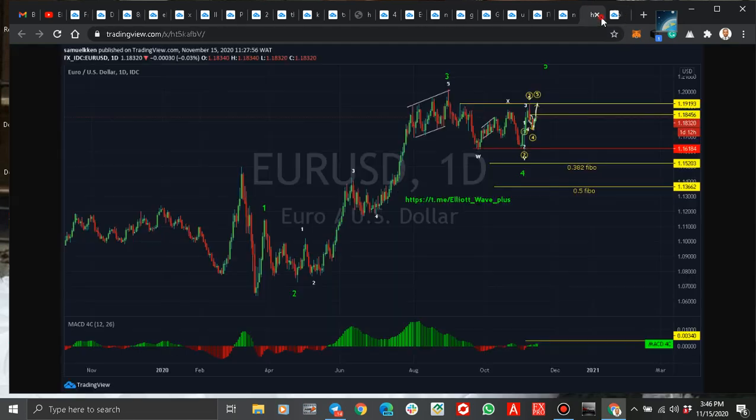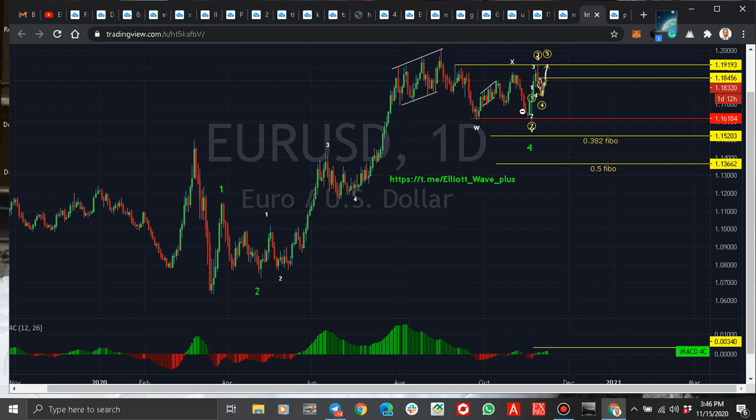So now let's go to EURUSD. Because of this sharp move, I expected the correction to come at least to touch 38.2 or 50% the Fibo, but because of this sharp drop, I assume that the correction is over.